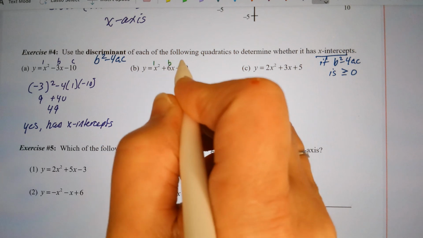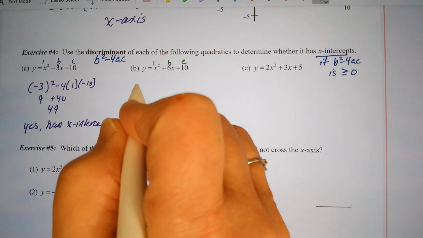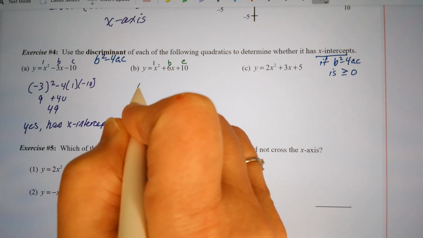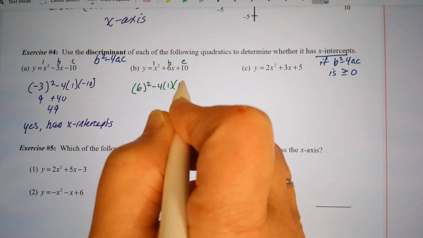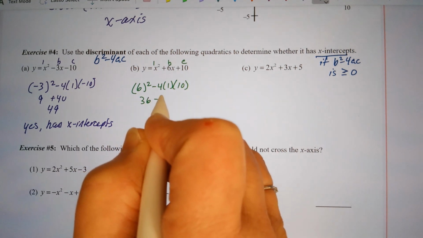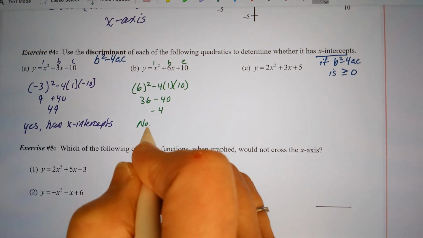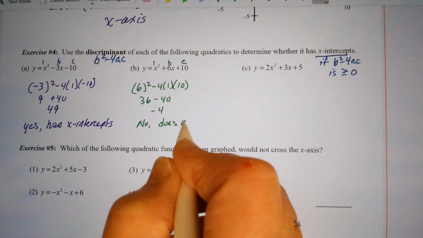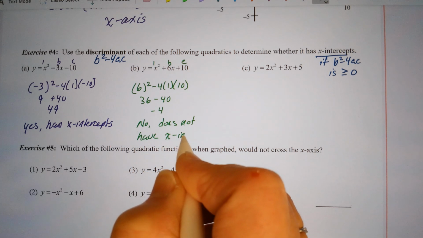A is 1, B is 6, C is 10. B squared minus 4AC: 6 squared minus 4 times 1 times 10. That's 36 minus 40, which is negative 4. Does not have x-intercepts.